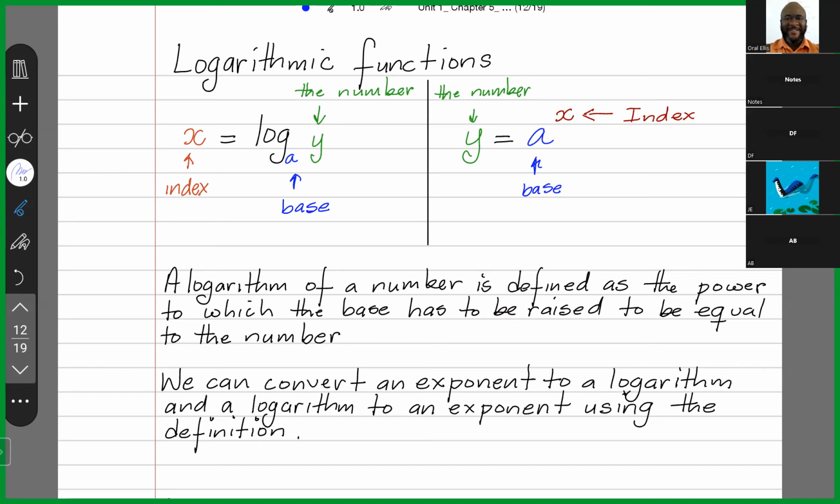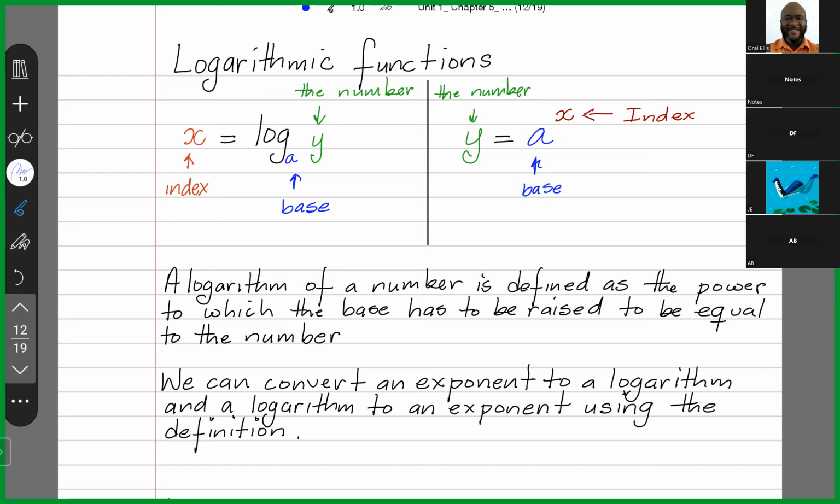The same statement is written on the right, but that form is called the index form. In other words, it is saying that the number is equal to the base raised to the index.